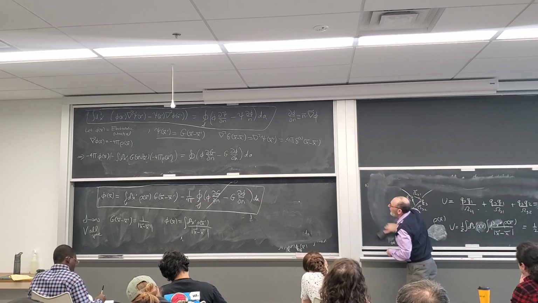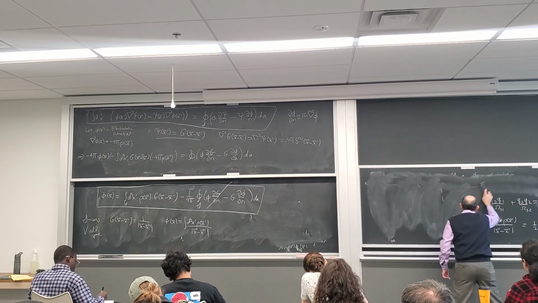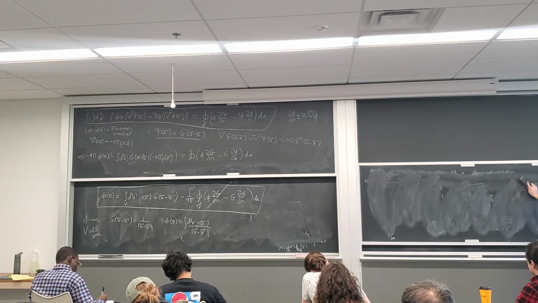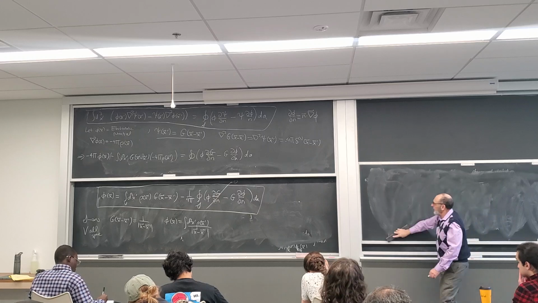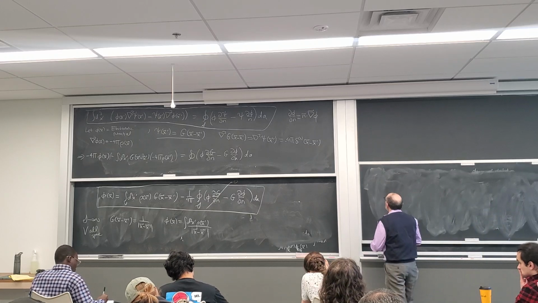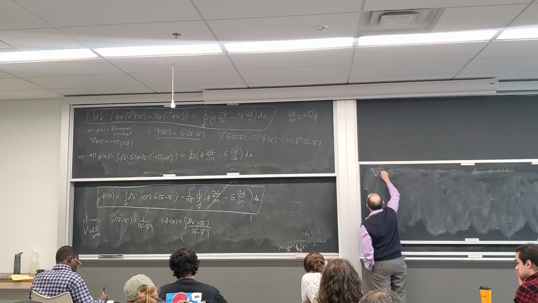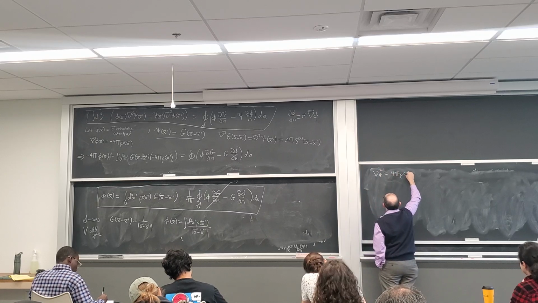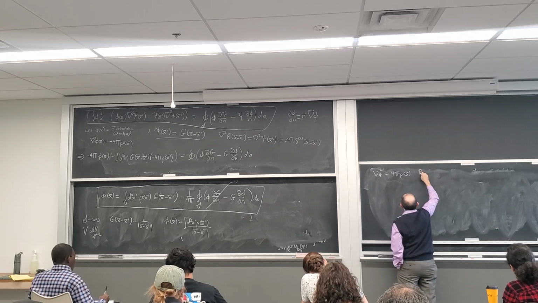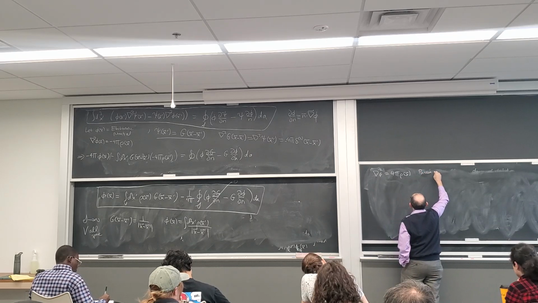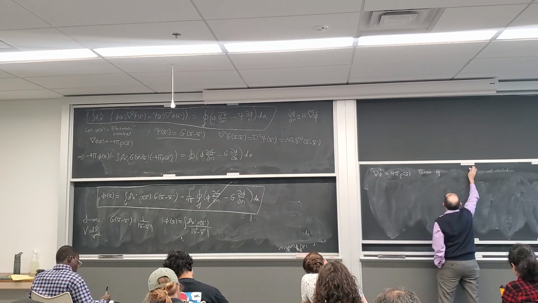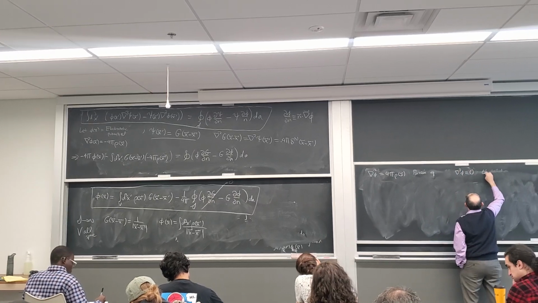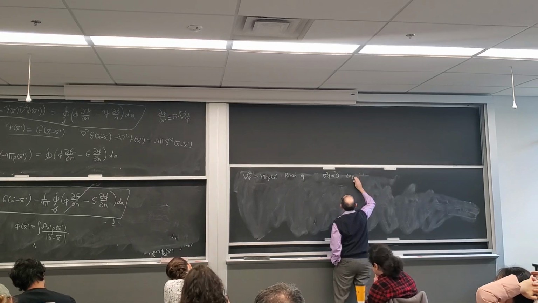There's an important result about uniqueness, the uniqueness of the solution to the Poisson equation. So this equation, remember, is the Poisson equation. If the charge density is 0, we call it Laplace's equation.